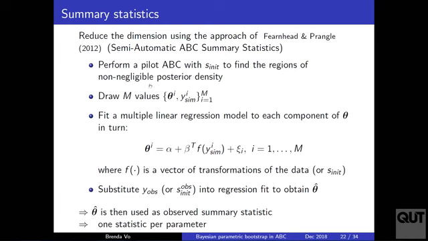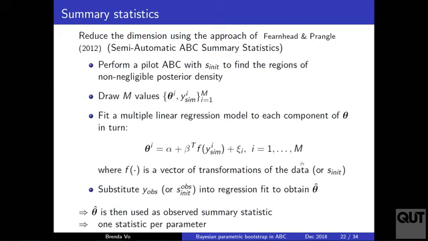And then we draw m values of theta i's and the simulated data y i from those posterior regions, and you fit a multilinear regression model for each component of theta. The explanatory variable here is the simulated data or the summary statistics of the simulated data.